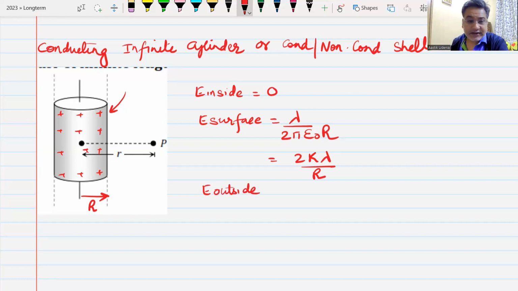Electric field at any point outside can be written as lambda by 2 pi epsilon naught into small r. Do we understand this?